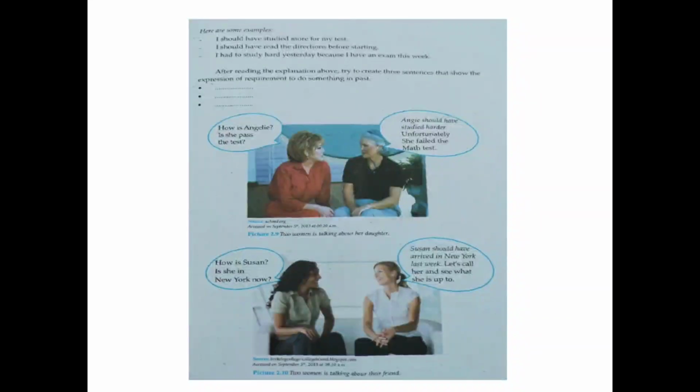Now, after reading the explanation above, try to create 3 sentences that show the expression of requirement to do something in past. It is the third task.